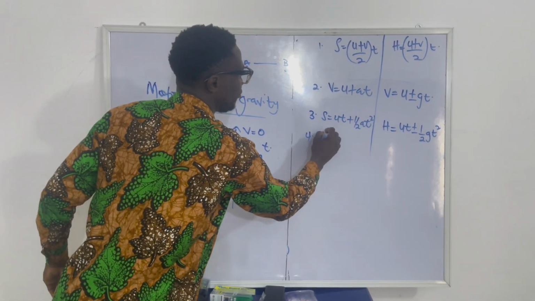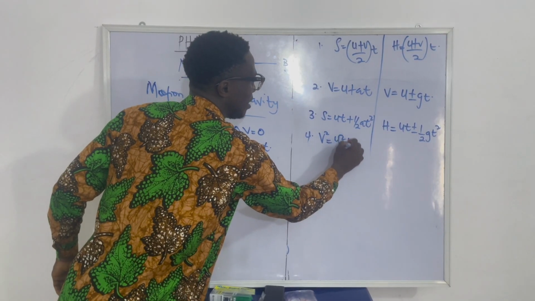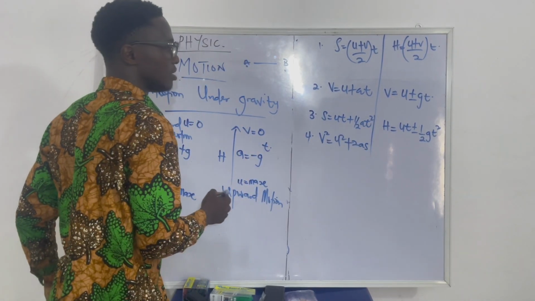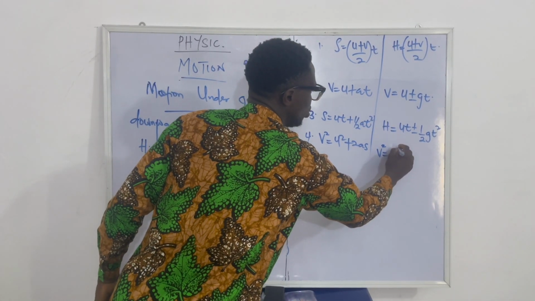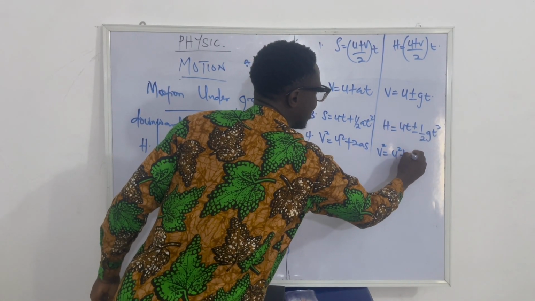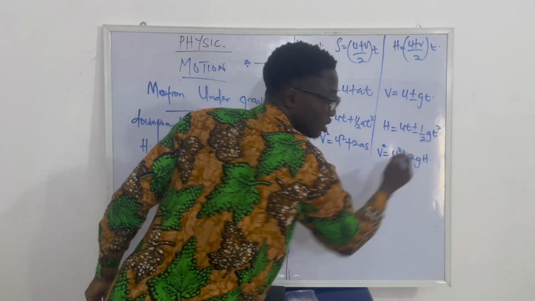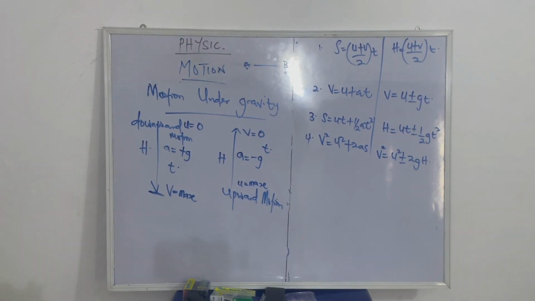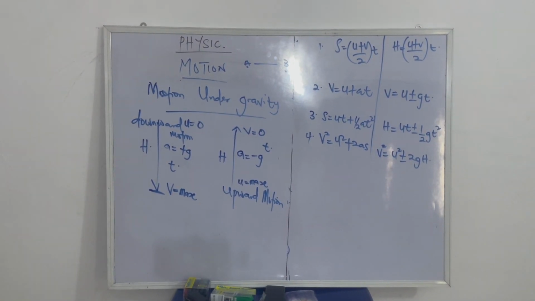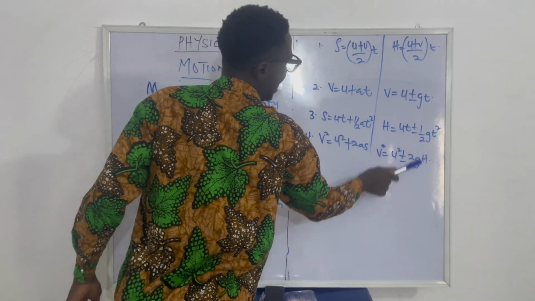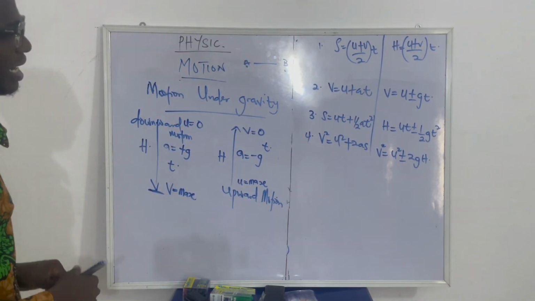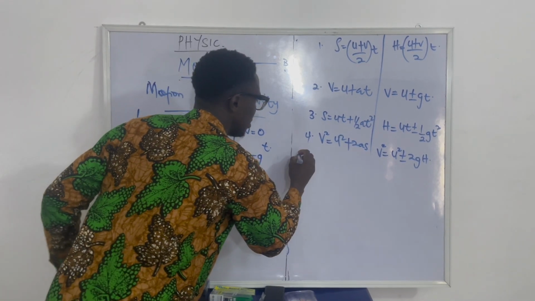So v square equals u square plus 2as. In this case, it will be v square equals u square plus or minus 2gh. So those are the four equations under motion under gravity.